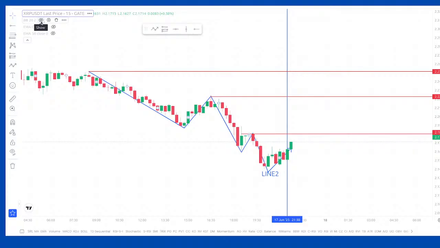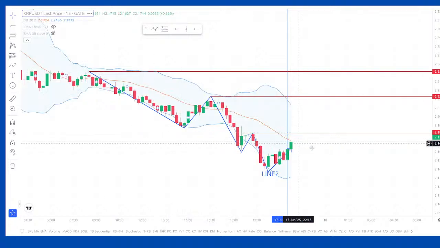So let me switch on the Bollinger Band again. Sometimes you might find that resistance is always prevented by the middle Bollinger Band. In case it is on a downtrend, once it touches the middle Bollinger Band, it acts as a resistance zone.